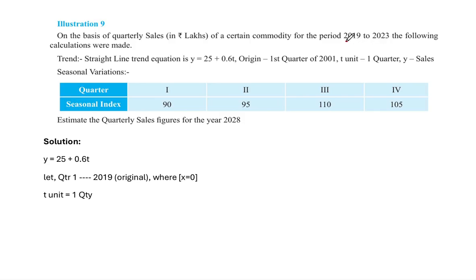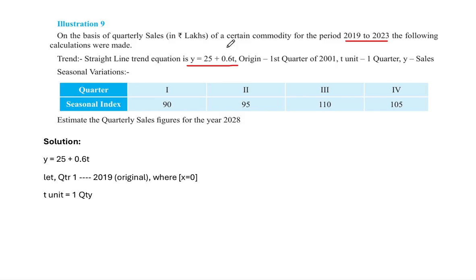So, sales data are given for 2019 to 2023. Trend, straight line trend equation. In this question, the straight line trend has been given. Equation has been given: Y is equal to 25 plus 0.6 t.